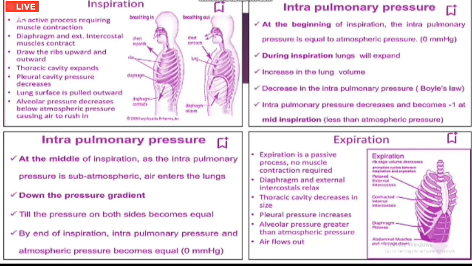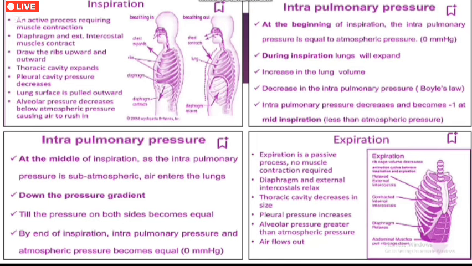Is that an increase or a decrease? So you find out that this intrapleural pressure is becoming less negative, from -4 to -3 and then to -2 millimeters of mercury.